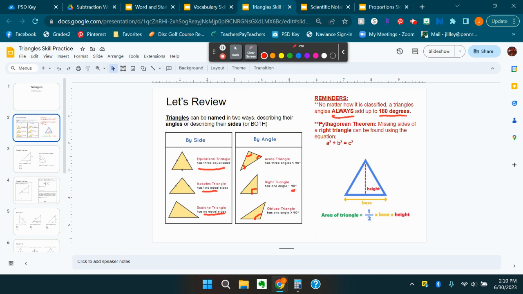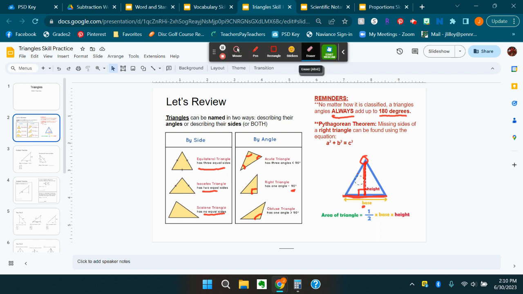And then finally, to find the area of a triangle, we plug into our calculators 1/2 times the base, which I think of as the bottom of the triangle, times the height. The height always makes a 90-degree angle with the base and goes up to a vertex, okay? So notice this can't be the height because it does not make a 90-degree angle with the base of our triangle.